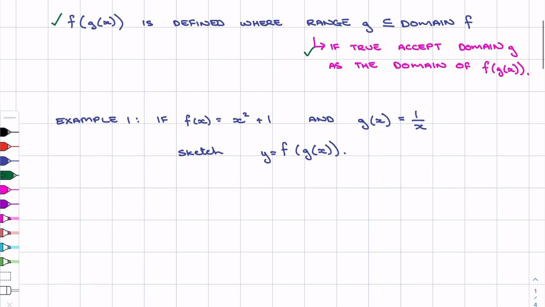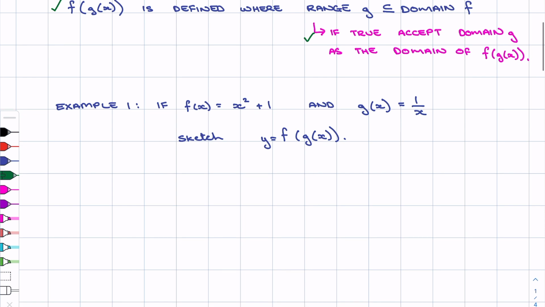Let's look at the first example. If f(x) equals x squared plus 1 and g(x) equals 1 on x, consider sketching y equals f(g(x)). Simply speaking, we're going to write this as a single function first up.